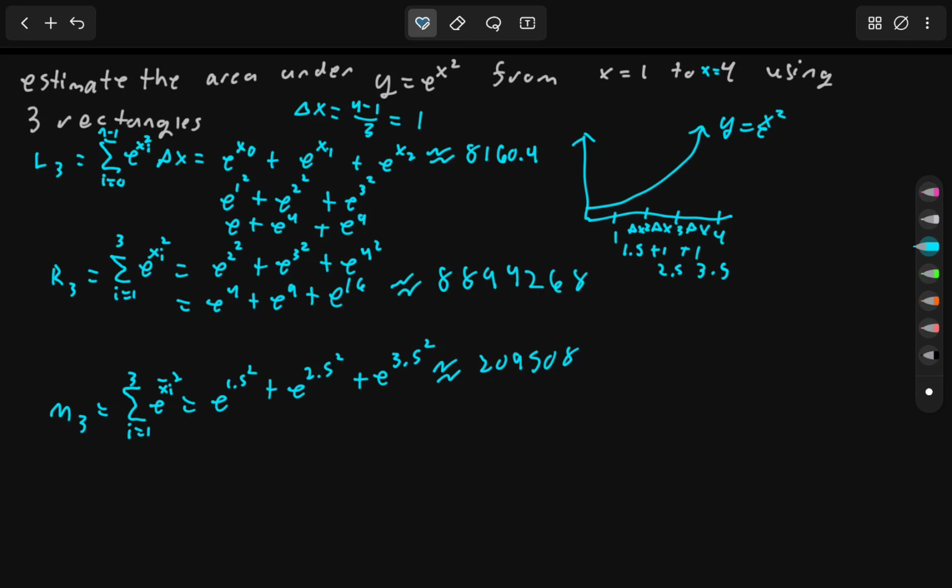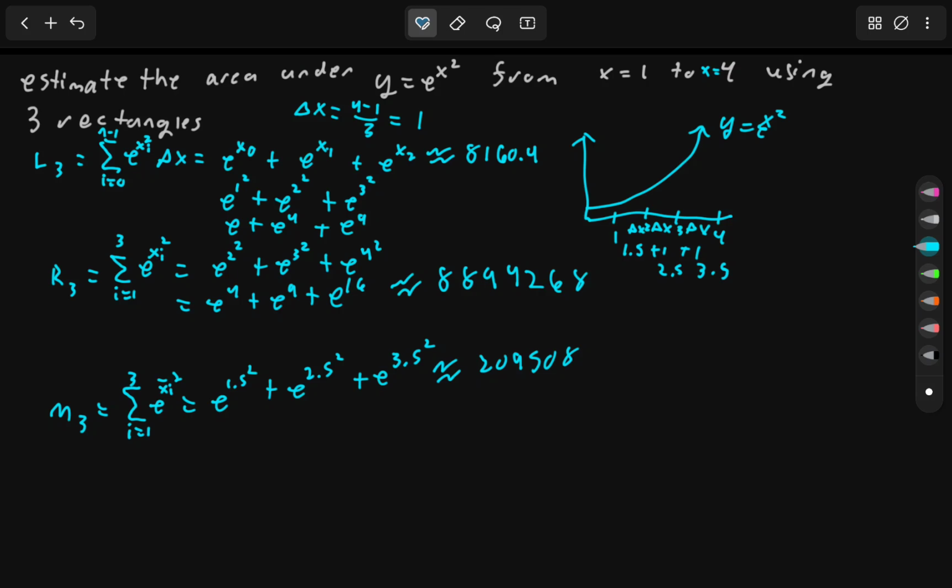Now that I have the values here, you can really see and comprehend the fact that the right-hand sum is going to be an overestimate. The left-hand sum is going to be a very drastic understatement, and the midpoint sum is going to be somewhere between the two.